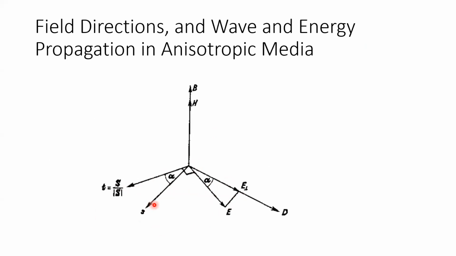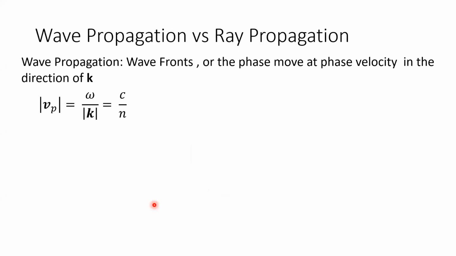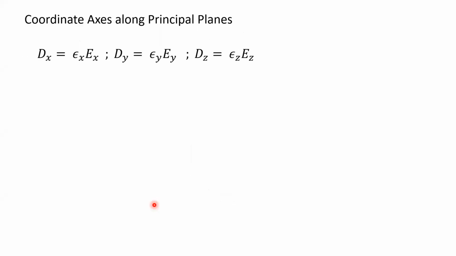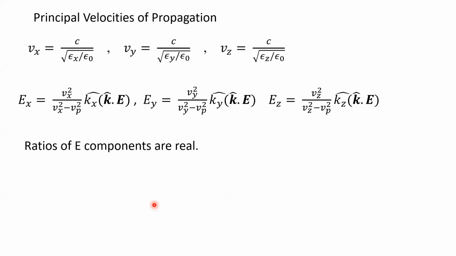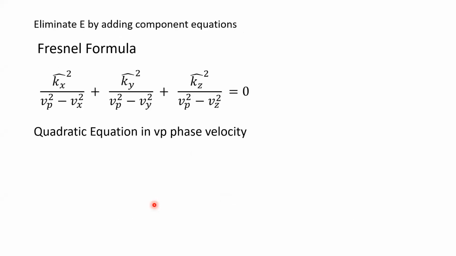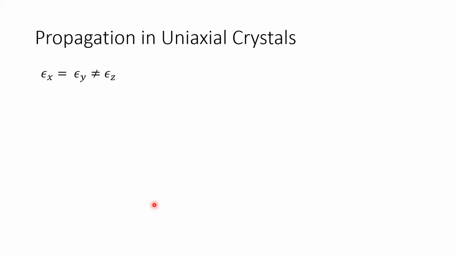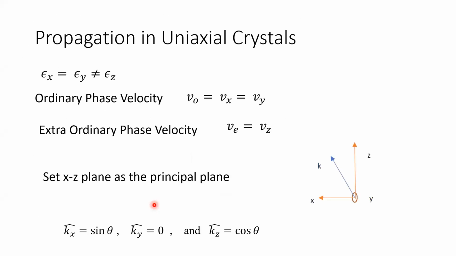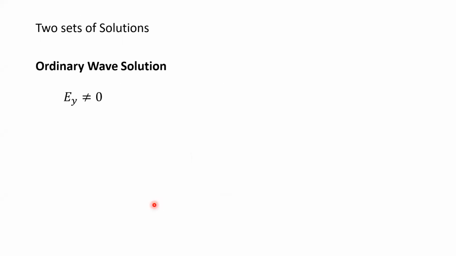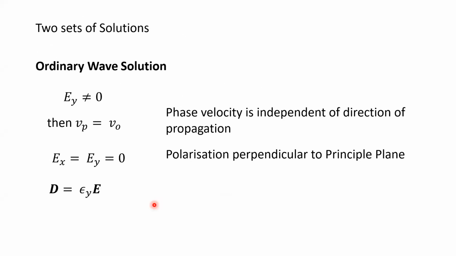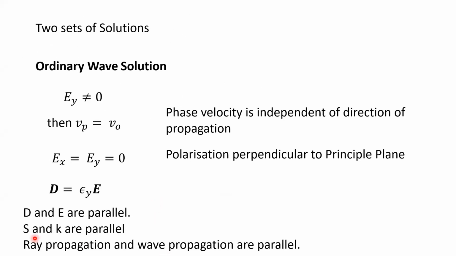The energy flow and the wave propagation are in the same direction. So in the ordinary wave, you have polarization perpendicular to the principal plane, and the energy flow and the wave propagation are in the same direction. These are certain properties of the ordinary wave solution. Ray propagation and wave propagation are parallel.